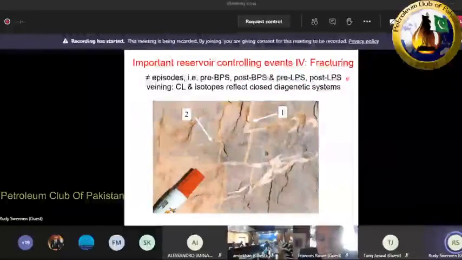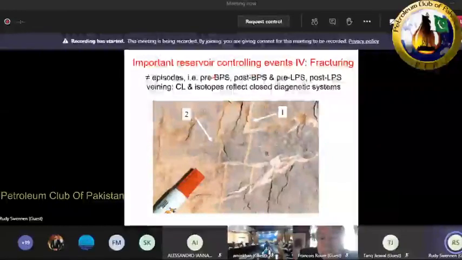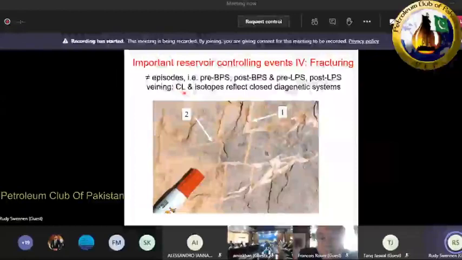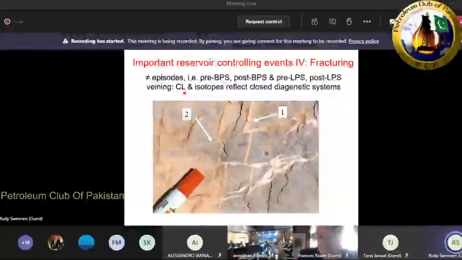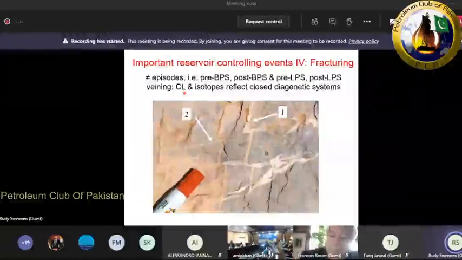If the veins cut the tectonic stylolites, the layer parallel shortening stylolites, then they clearly are later. This helps to differentiate different generations, which can then be characterized by cathodoluminescence, by isotopes, by fluid inclusion composition, and so on.